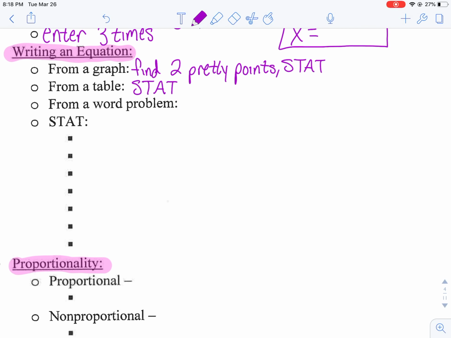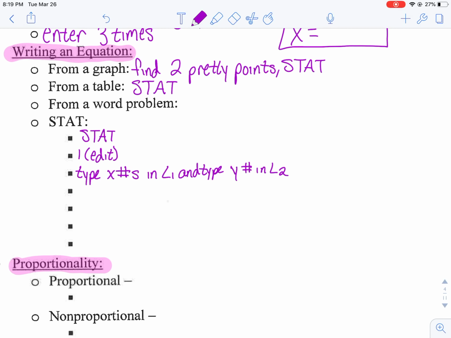So for stat, we're going to press the stat button. We're going to choose option 1, that says edit. I'm going to type my X numbers in L1 and type my Y numbers in L2.